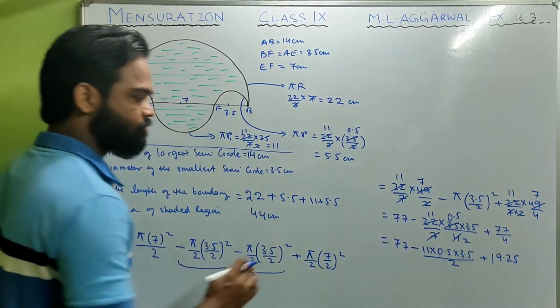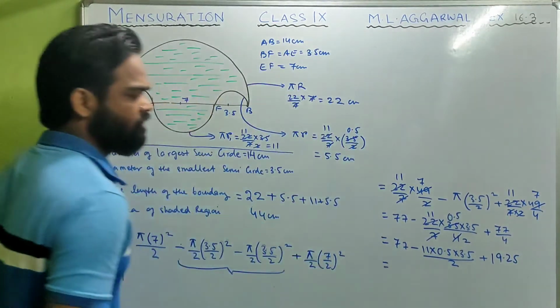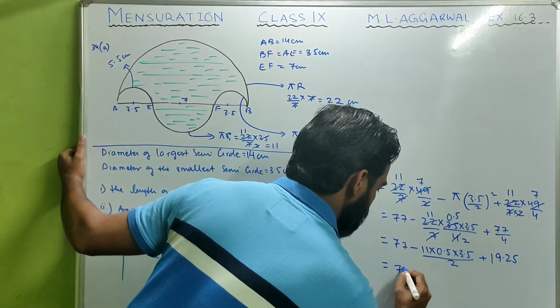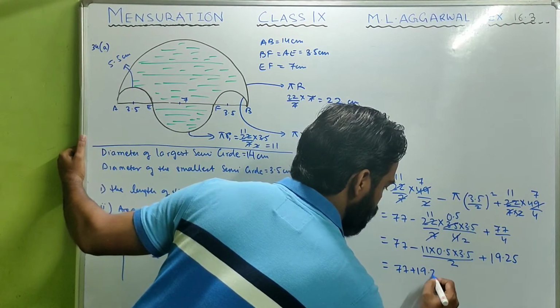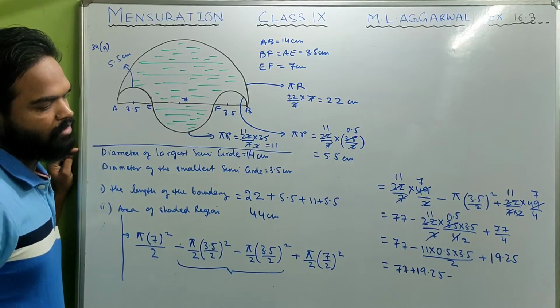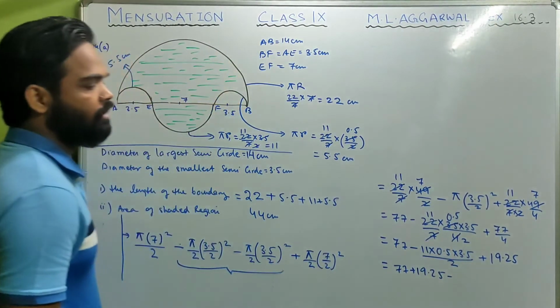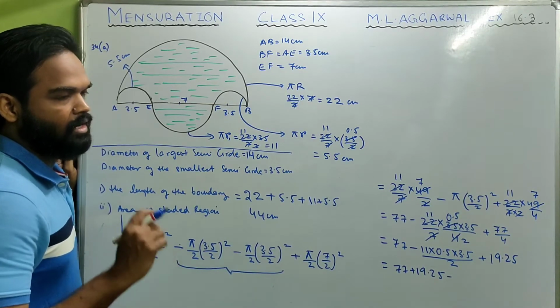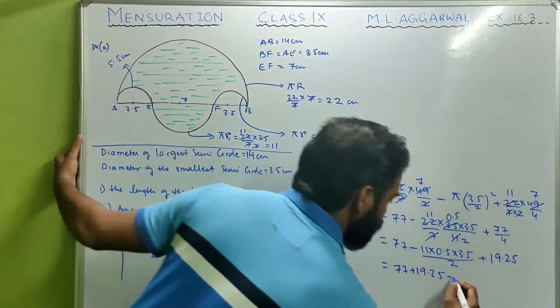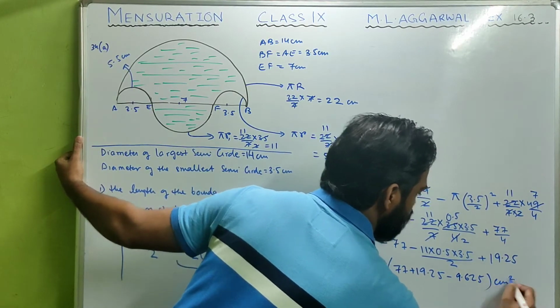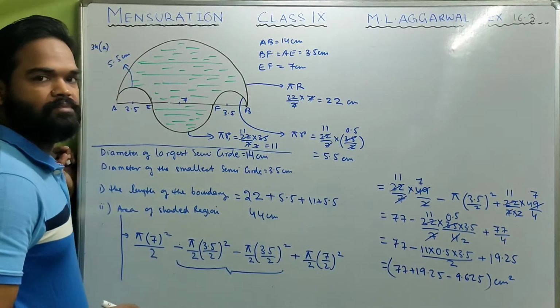Am I clear? Now just simplify this. I think this and this will be added, so 77 plus 19.25 minus this will be subtracted, and that is 5.5 multiplied by 3.5 by 2, that's 9.625. Just calculate this and you will get the answer.